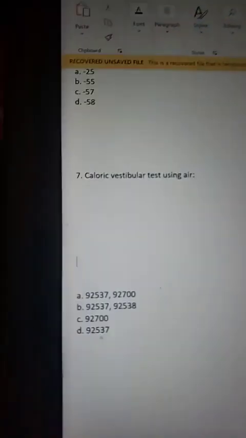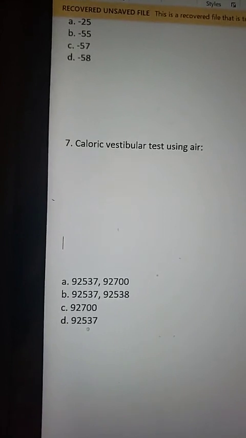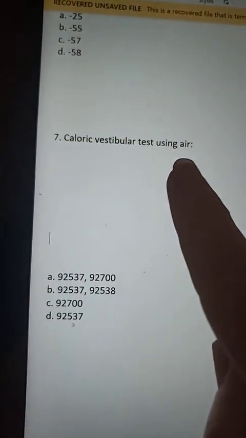This test question was simply caloric vestibular testing using air.